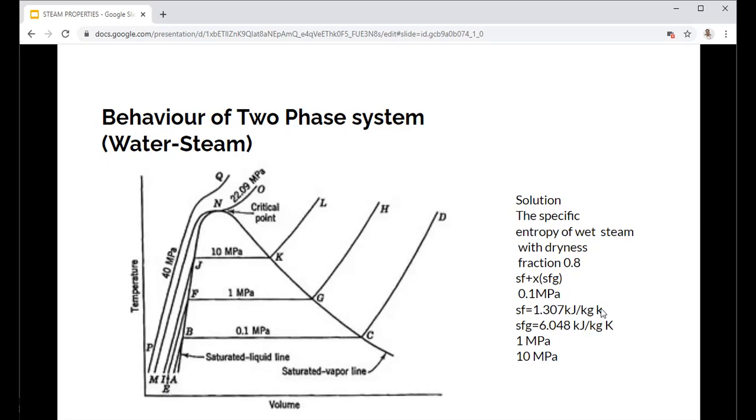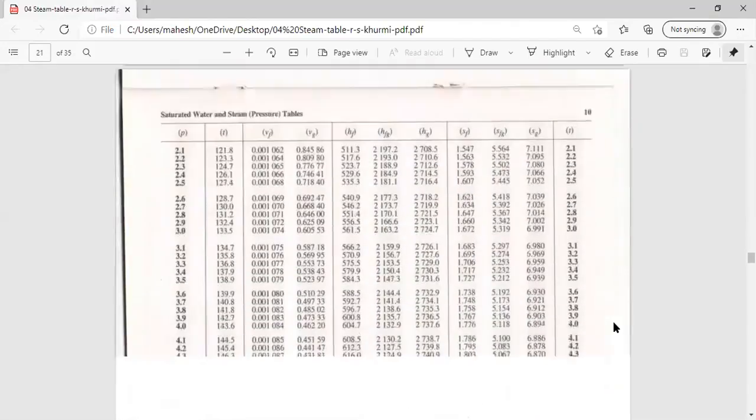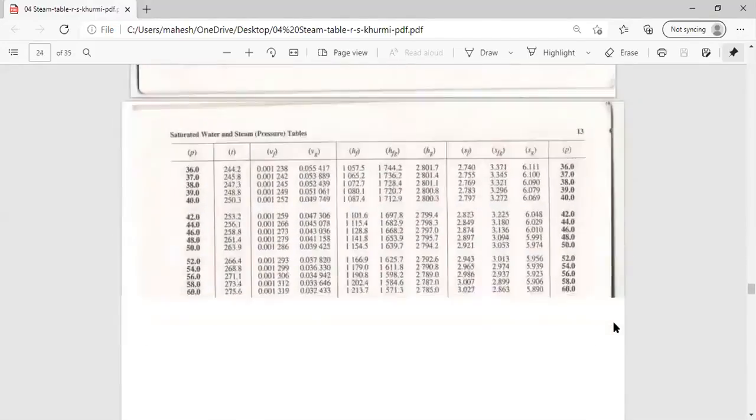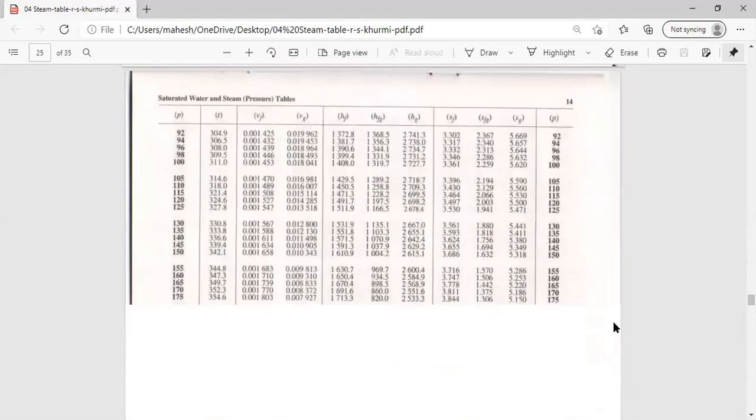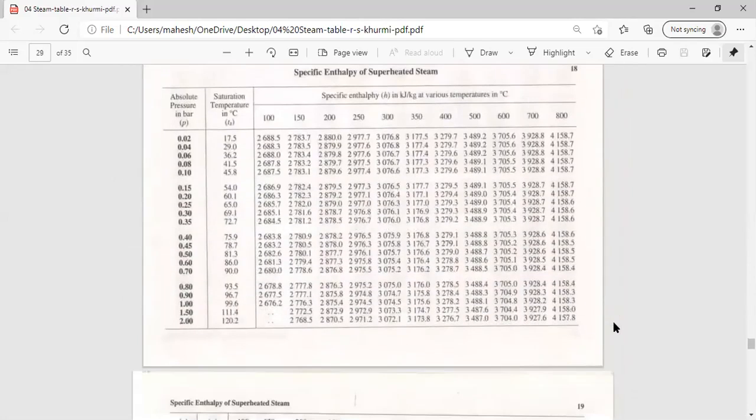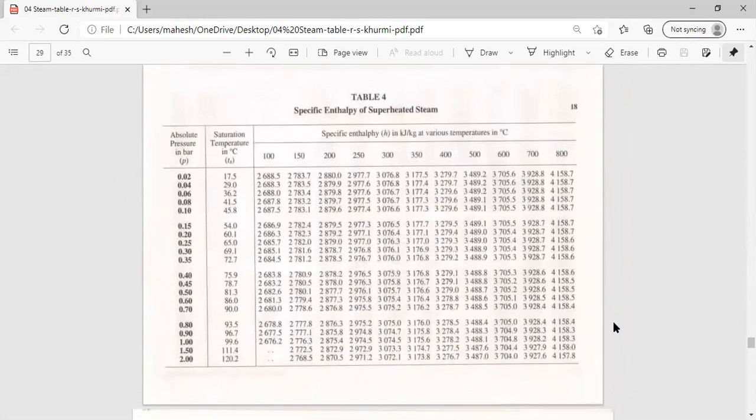What if the steam is superheated? So if the steam is superheated, let me just show you again the steam tables. You need to go to the superheated steam tables. Okay, so there is something called the superheated steam tables. Let me show you those. Okay, so this is, for example, the specific enthalpy of superheated steam.